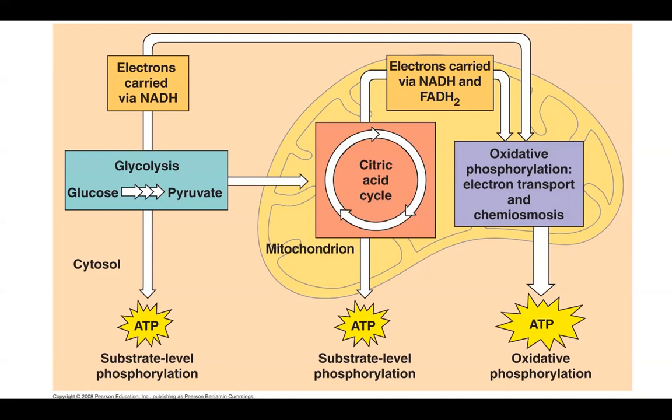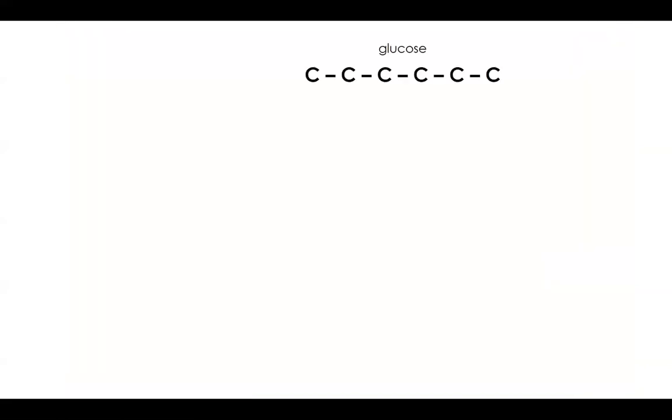Let's see what happened just as we finished glycolysis. We started with glucose, a 6-carbon molecule. Over the course of glycolysis, we split this into 2 pyruvate, 2 3-carbon molecules.